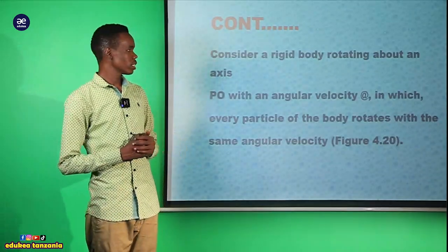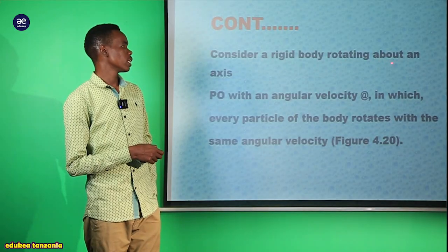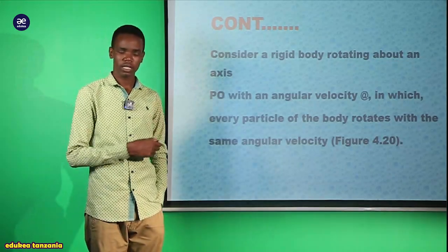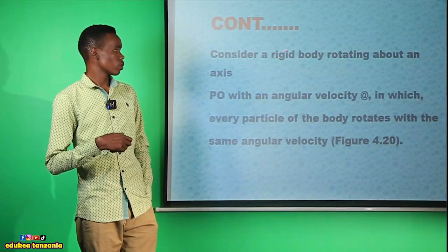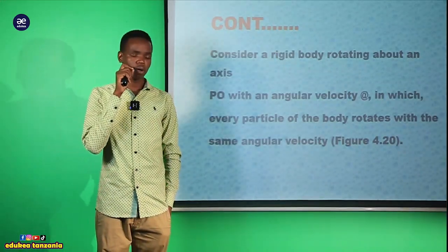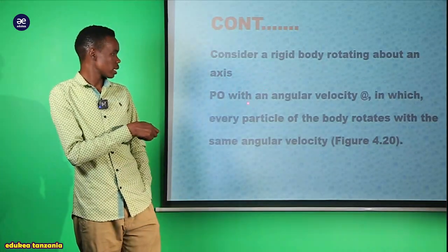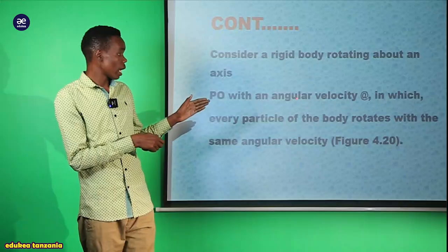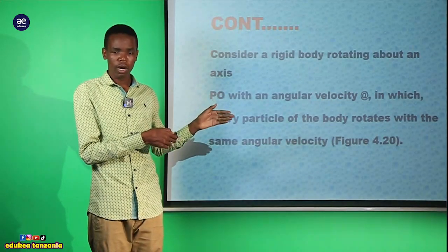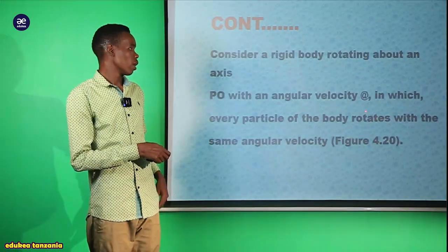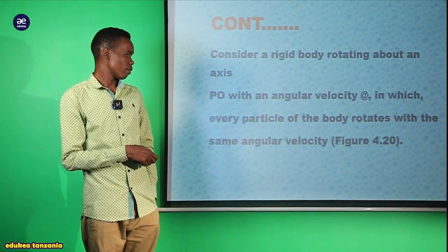So for today's session, we are going to consider a rigid body rotating about an axis. Let us proceed where we ended. Imagine we have a rigid body rotating about an axis OP with an angular velocity, which we know has a symbol, in which every particle of the body rotates with the same angular velocity.